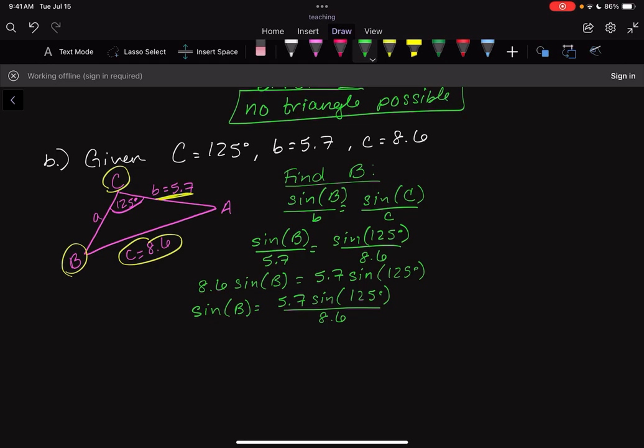And since I'm looking for an angle, I'm going to use sine inverse. So I get B is equal to sine inverse of all that stuff. And let's go ahead and see what I get.